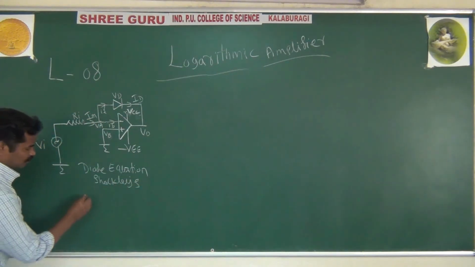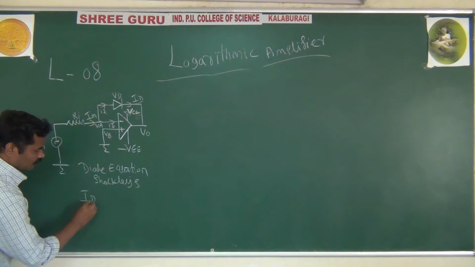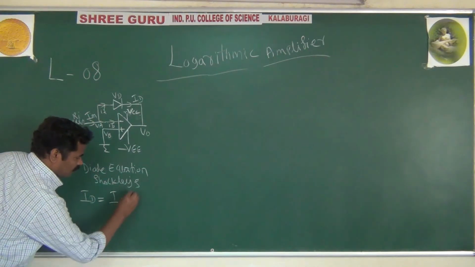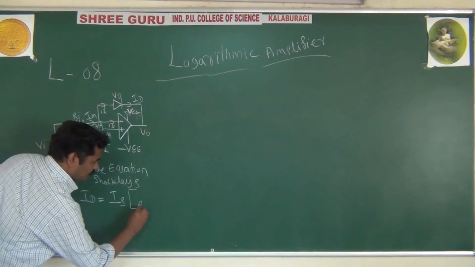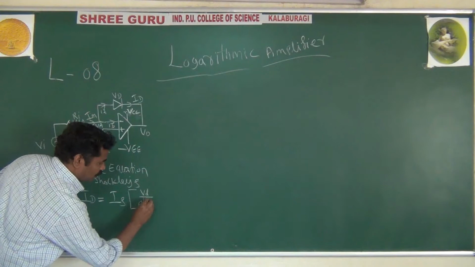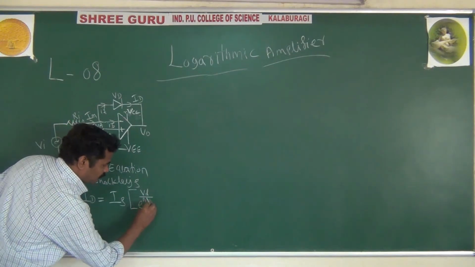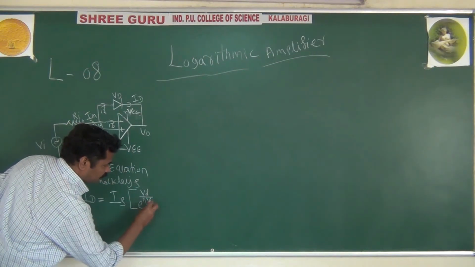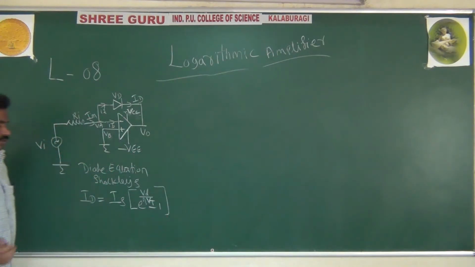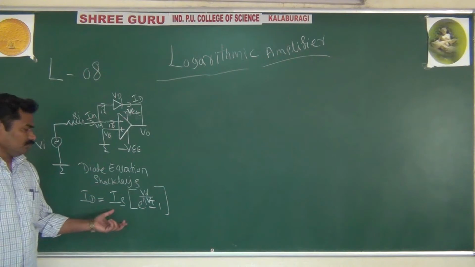Shockley's equation is nothing but ID equal to IS e raised to VD by eta into VT, minus 1. You studied this already in the first year.